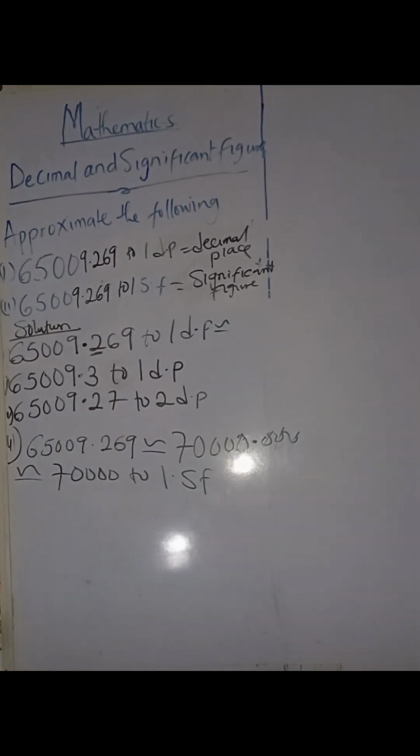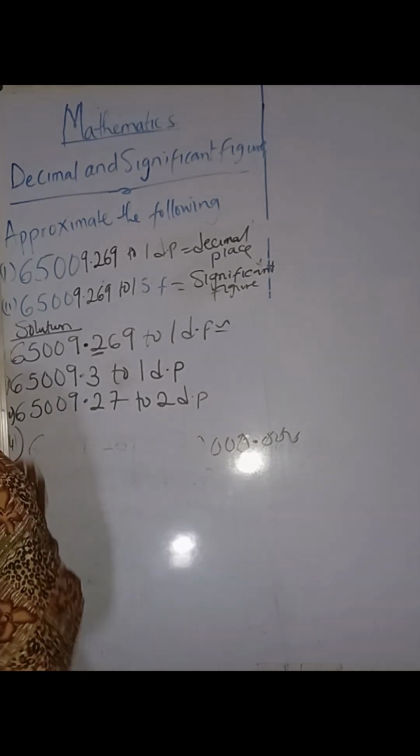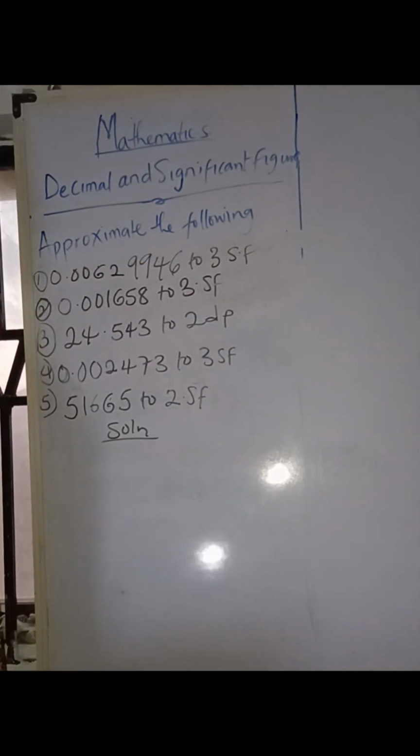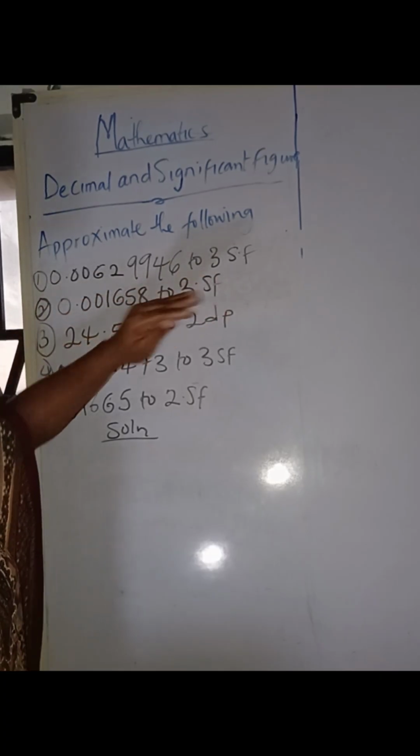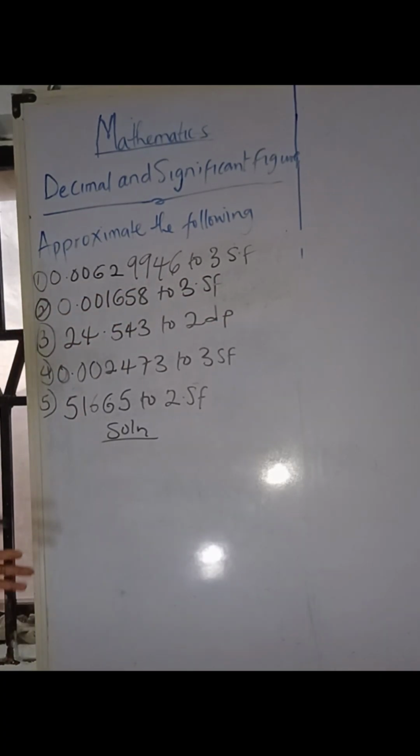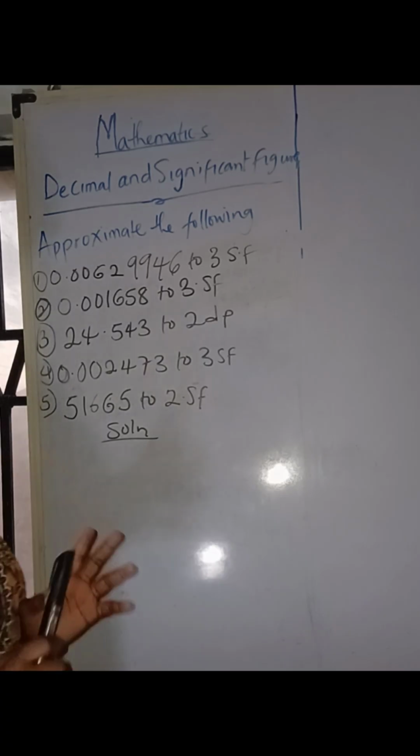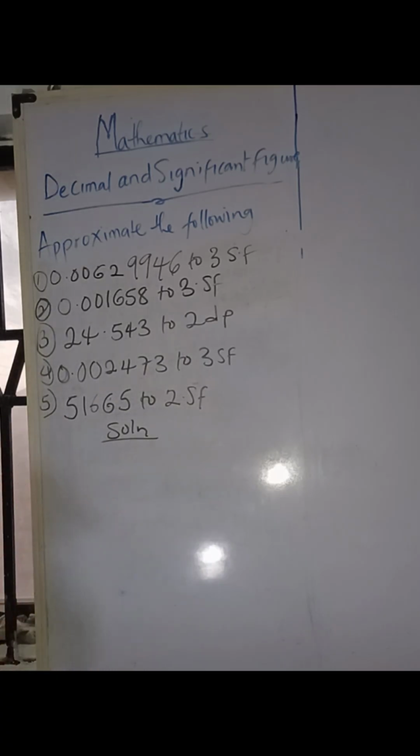So let's look at another example. Approximate the following: 0.00629946 to 3 significant figures. I've told us that 0 is not a significant figure. You start counting from the first significant number.